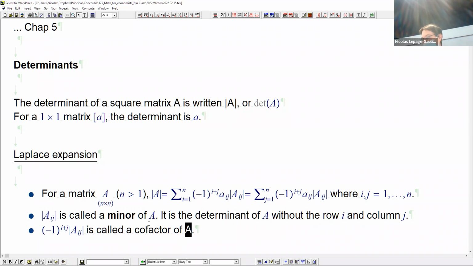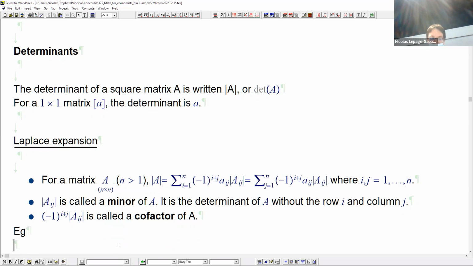I'm not a very big fan of learning all these terms. Sometimes I forget them. The important thing is to know how to compute the determinant. But once in a while, I might talk about it. So let me give you an example.